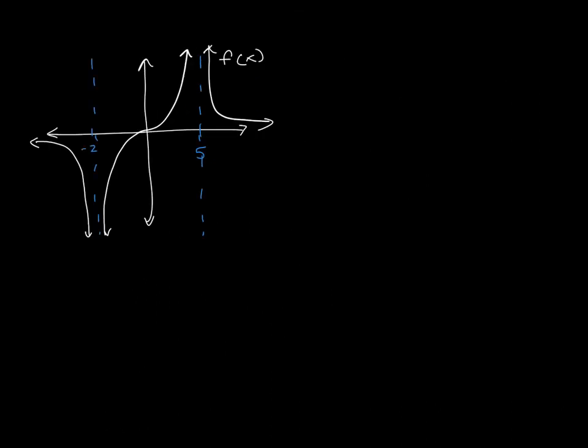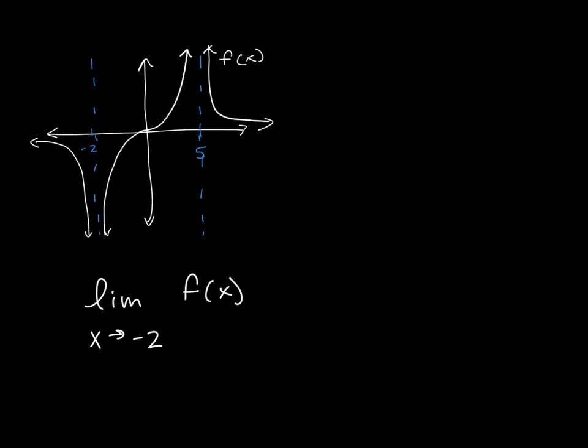All right, let's look at 2 more examples. So if I look at the limit as x approaches negative 2 of f of x. Now, notice with this, I do not have a plus or minus, so both sides of negative 2 must approach the same place for this to exist.